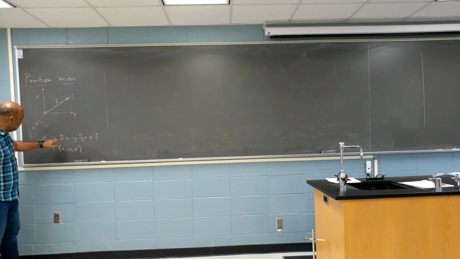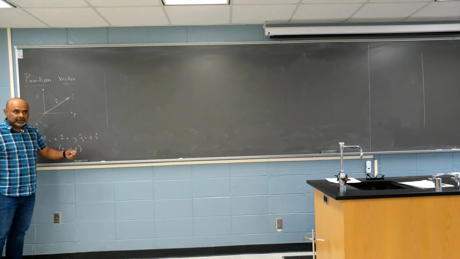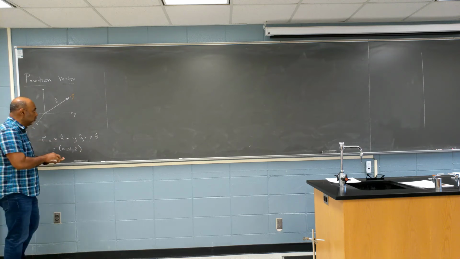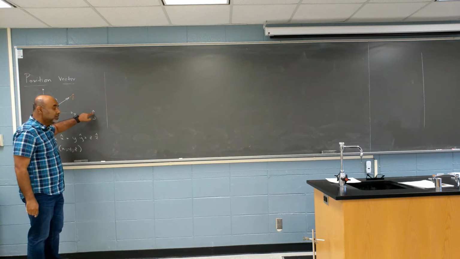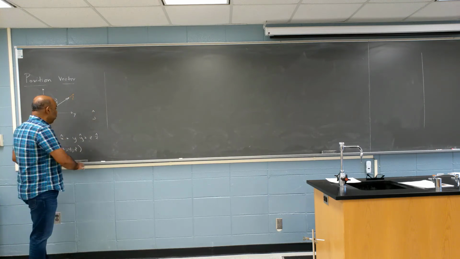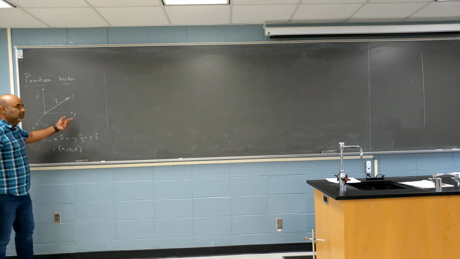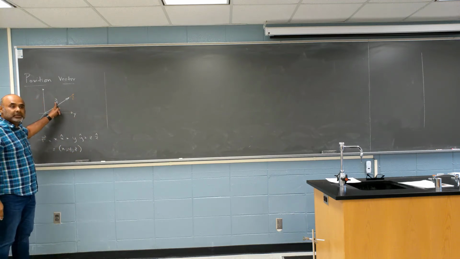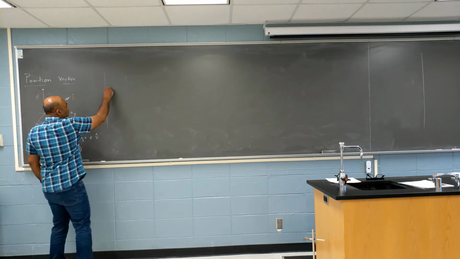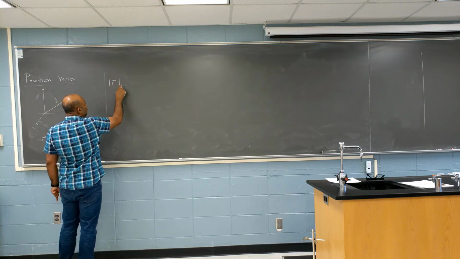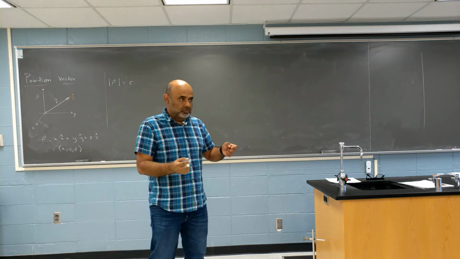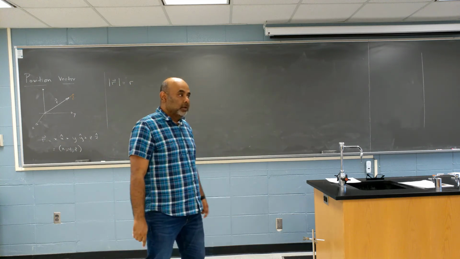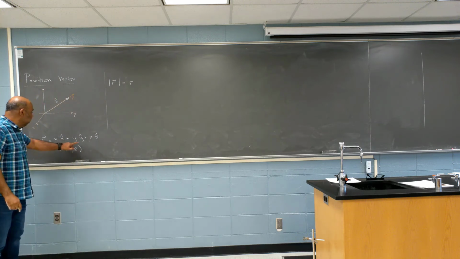Anytime I have a unit vector, just like x hat, y hat, and z hat, the hat, as opposed to the plain vector, indicates a unit vector. What's the difference between this and this? Well, this is just a vector. This is a unit vector. So what do I do? I take this vector and divide by its magnitude. I'll denote the magnitude as R. When I compute a magnitude, I just remove that arrow sign. Tell me what's the magnitude of this vector?